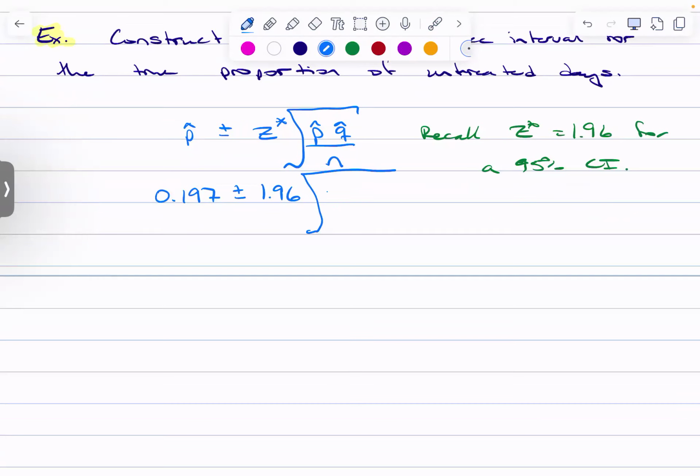So 1.96 times the square root of p hat, 0.197, times 1 minus 0.197, divided by our n, which is 365.